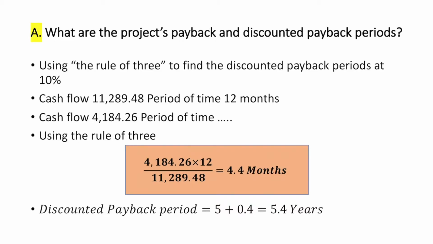It comes from the initial cash outlay minus the accumulated cash flow of that year, that is $75,820.60. Then we can find the discount payback period following the rule of 3 by $4,184.26 times 12 and divided by $11,289.48, which is equal to 4.4 months. So the answer for this discount payback period is 5 years and 4 months.